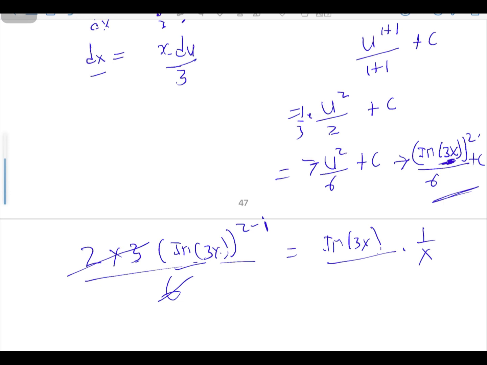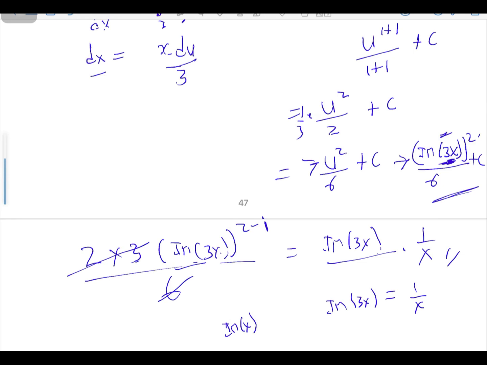If you don't get this, you can use the chain rule to do this and you'll be able to get the correct answer. So this is how we got it, and we get to know that this is correct. Some books sometimes take the differential of ln 3x to be 1 over x, which is not true, because what if you are given ln x?